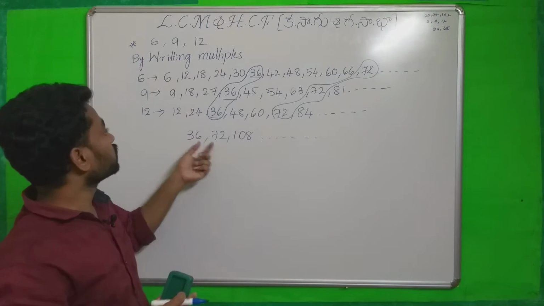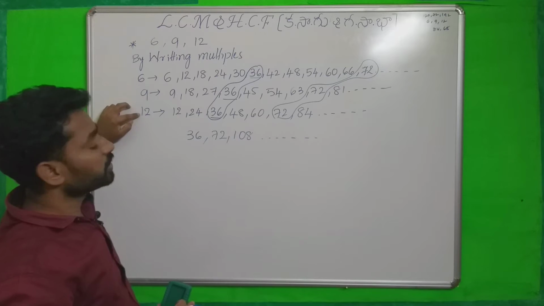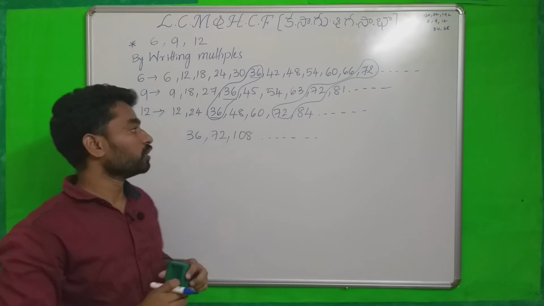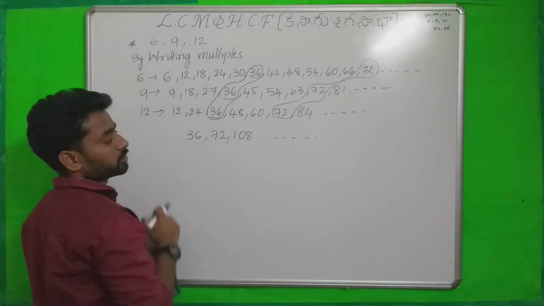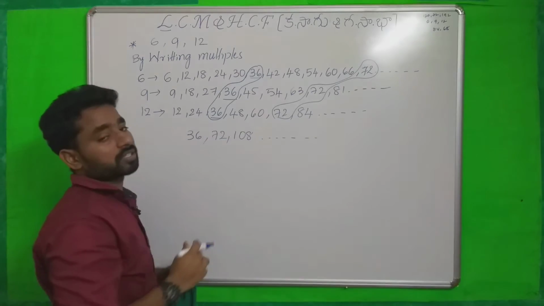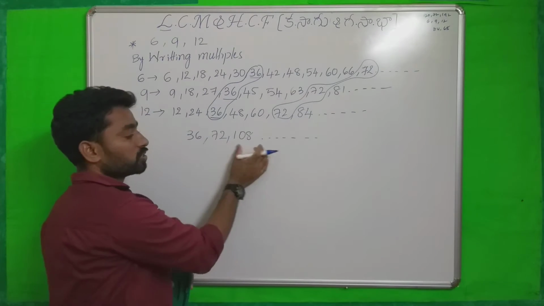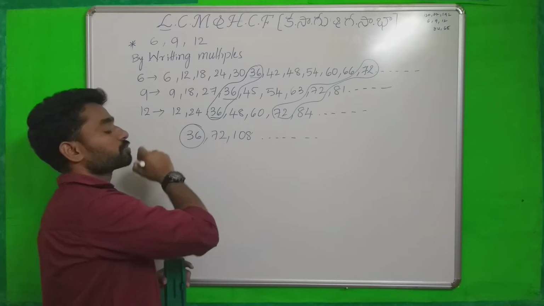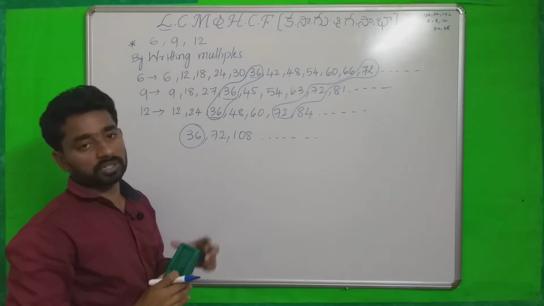Now you need to understand: the common multiples of these three are the multiples of 36. In these common multiples, which is the smallest, the least, kanishta samanya gunijam? This is 36.